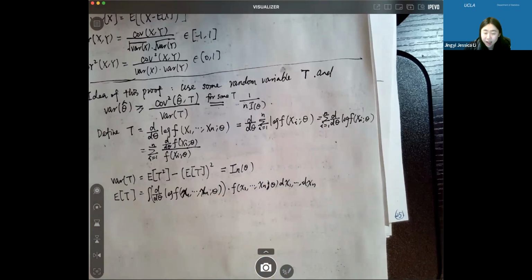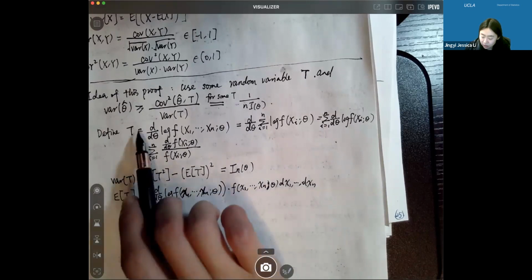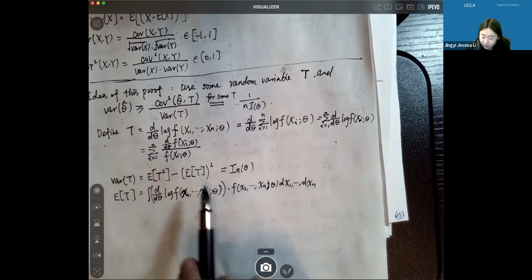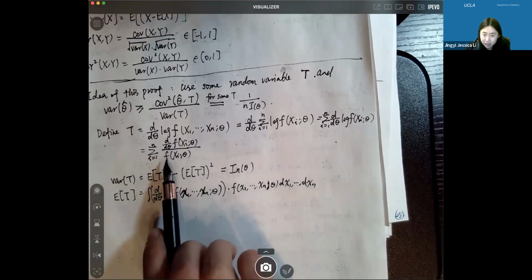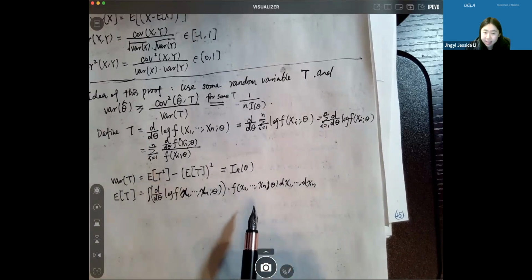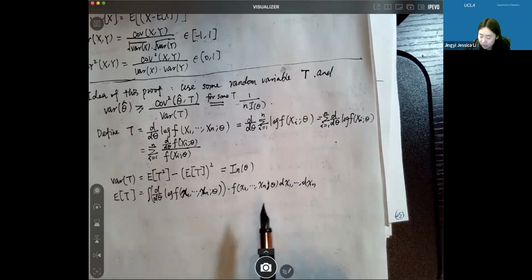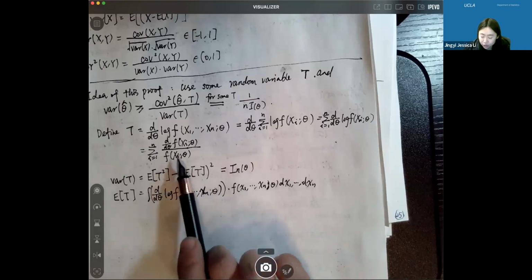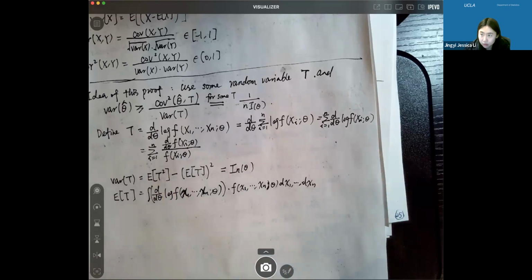And now I am going to put the T formula inside. Because this joint density can be factorized as f(x1; theta) times up to f(xn; theta), I will have a lot of cancellation here. So finally, this is equal to 0.